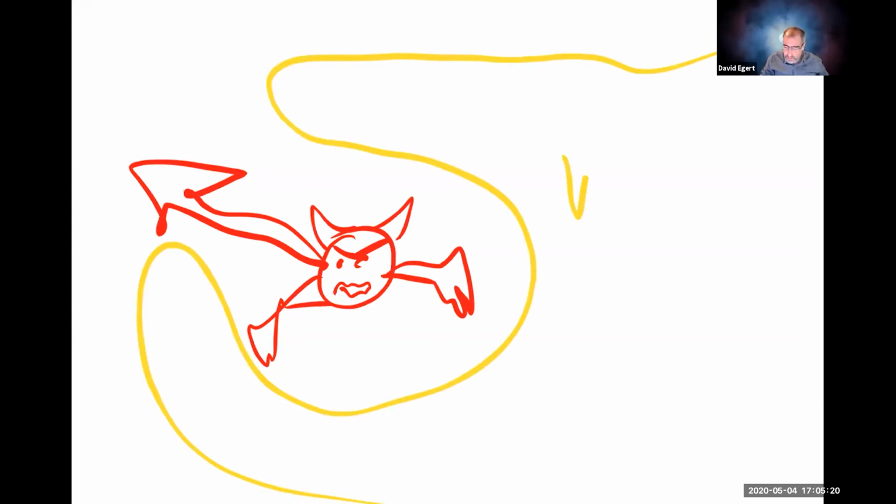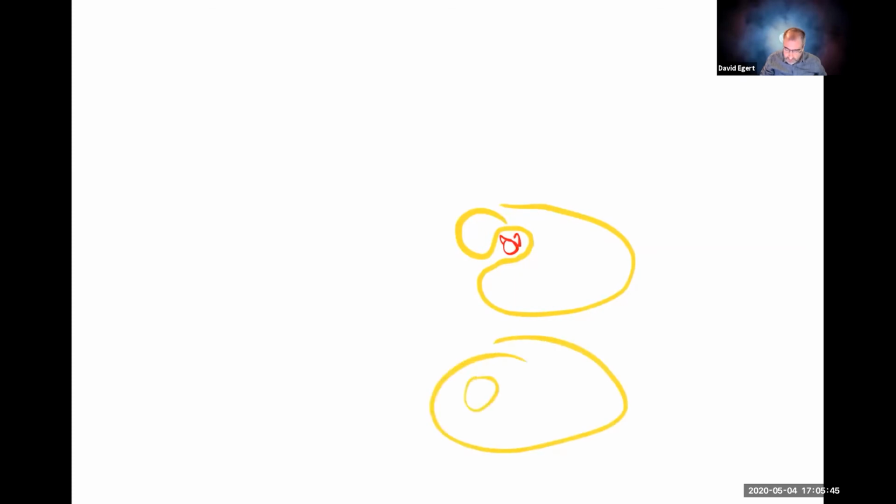Here's my macrophage. Your macrophage comes in and eats this thing. Yum. It totally gobbles it up.